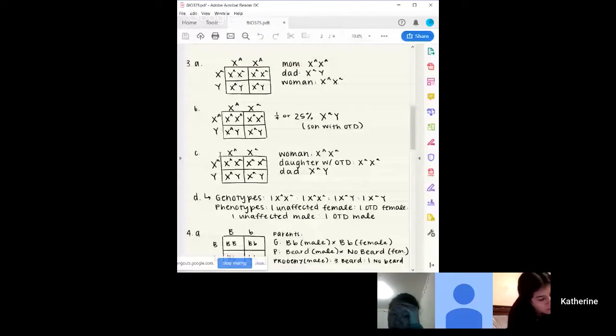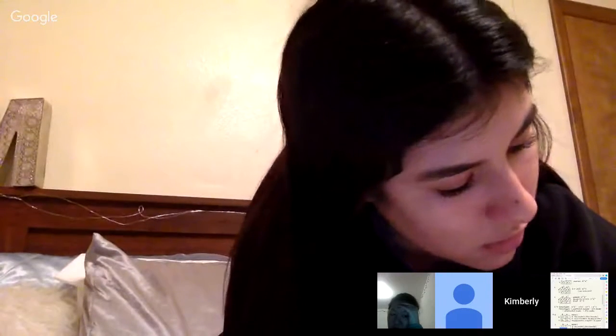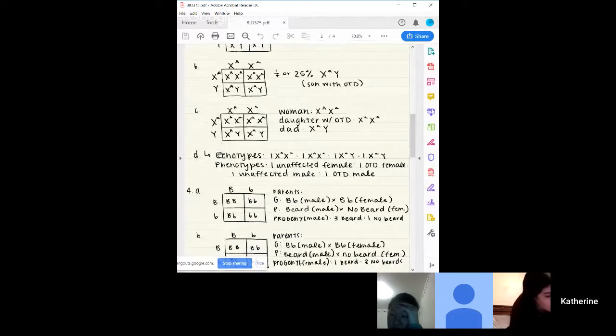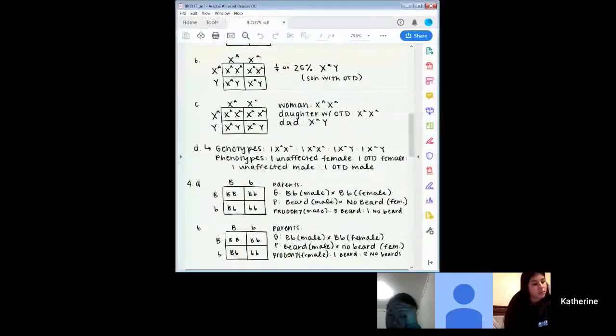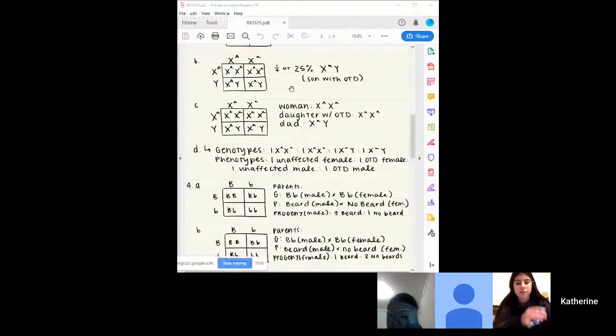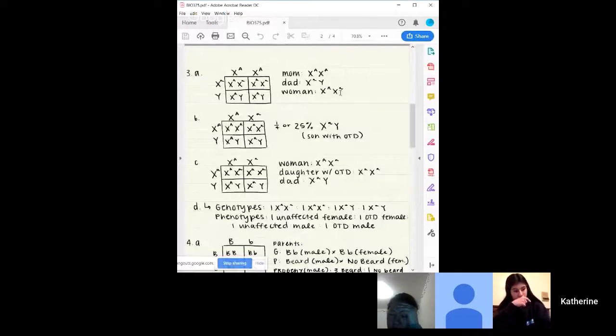And then for B, the woman, so that's the child of those two that we were just talking about, has children with a man who does not have OTD. What is the chance that their first child will be a son with OTD? So in the previous question, I found the woman's genotype.